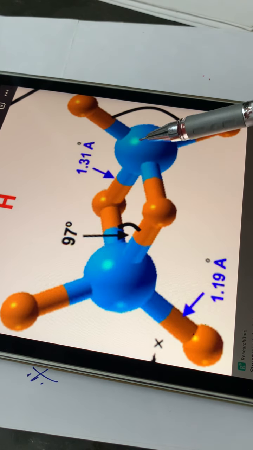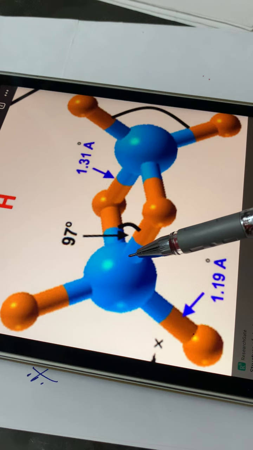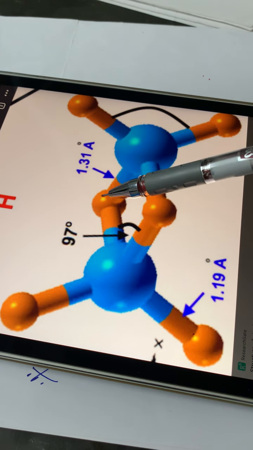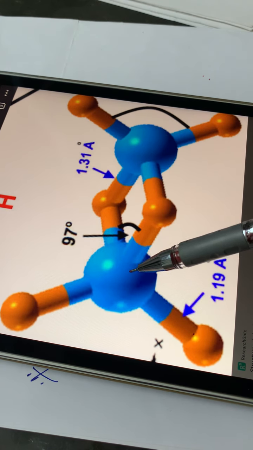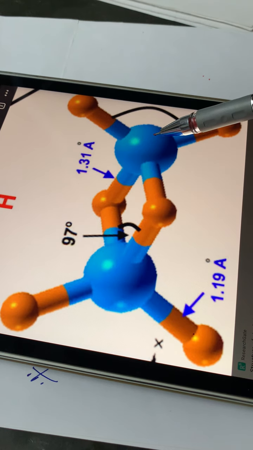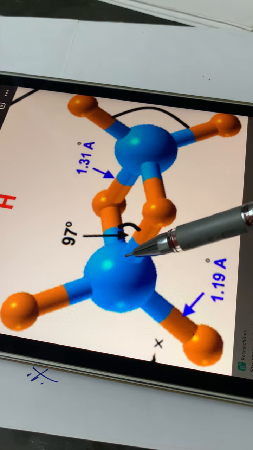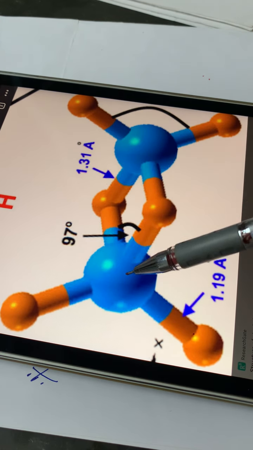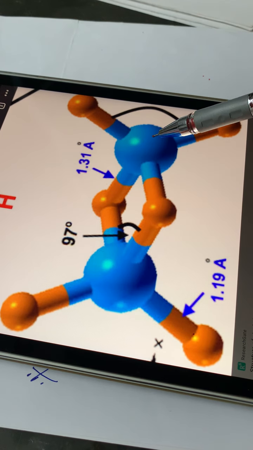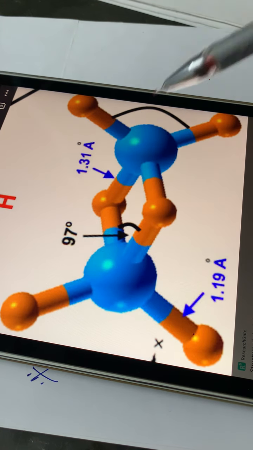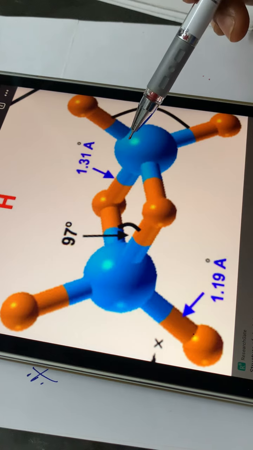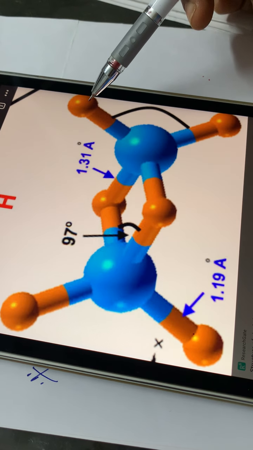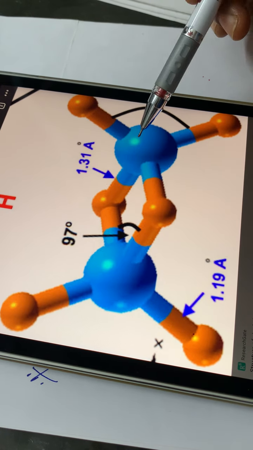So this is the BHB bond. Here we can see the BHB bond. This is BHB and this is another BHB. So how many BHB bonds are there? 2 BHB bonds are there, isn't it? This is the first BHB, this is the second BHB, and then this is another boron hydrogen bond, BH bond.